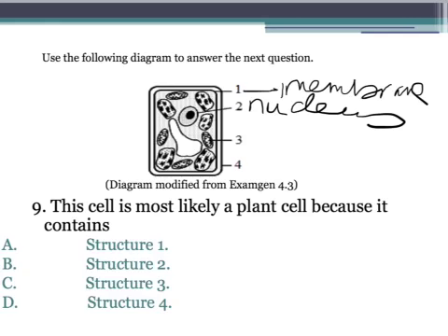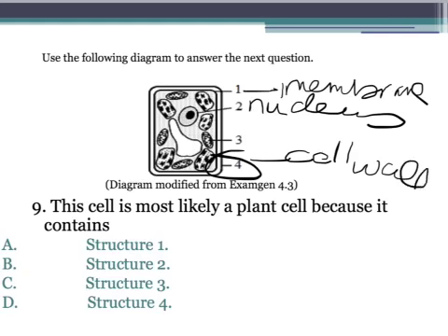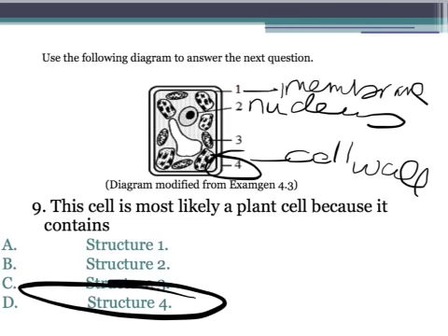Not quite sure, but I do know that this one is a cell wall, and that's what defines it as a plant cell, not an animal cell, because it has a cell wall. Plant cells equal cell wall. Know that. Okay, again, structure 4.